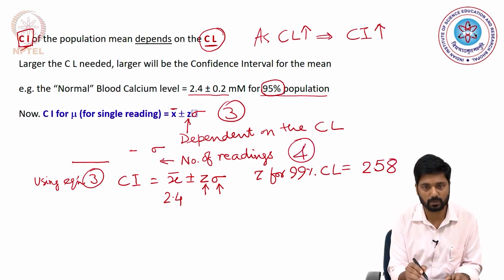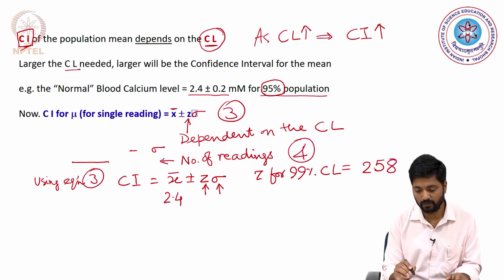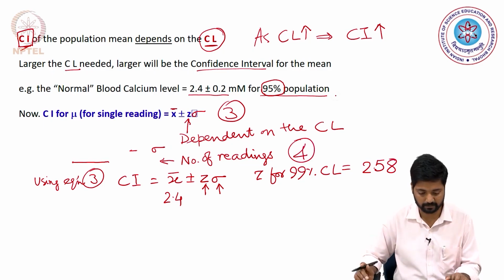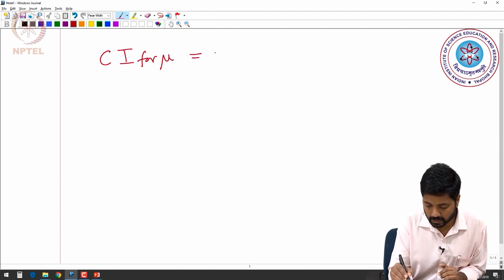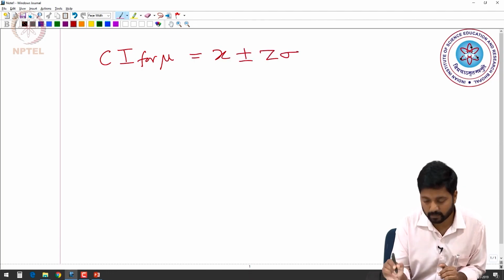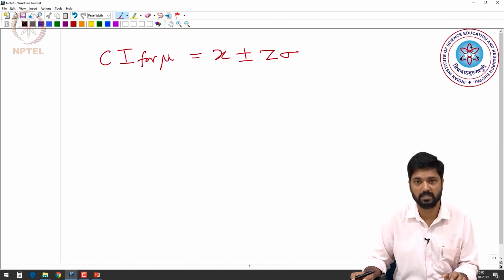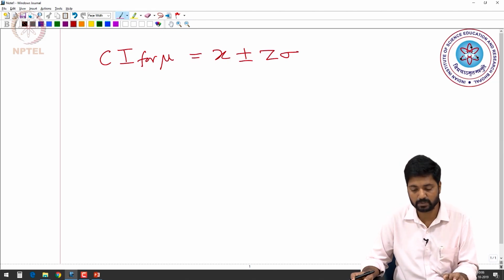Which is also written below, that for a larger confidence level we will require a larger confidence interval for the mean. So, what we have seen is that the confidence interval for mu is equal to x plus minus z sigma, because as we know, z can take both positive and negative values.